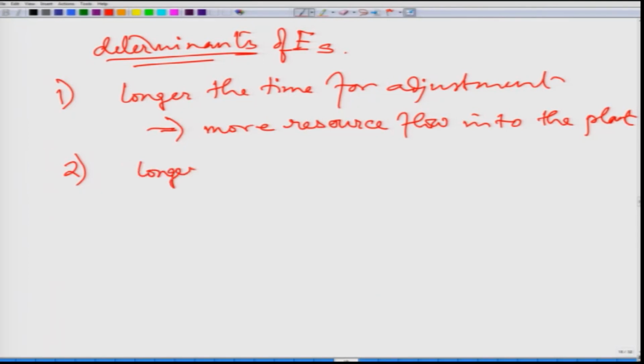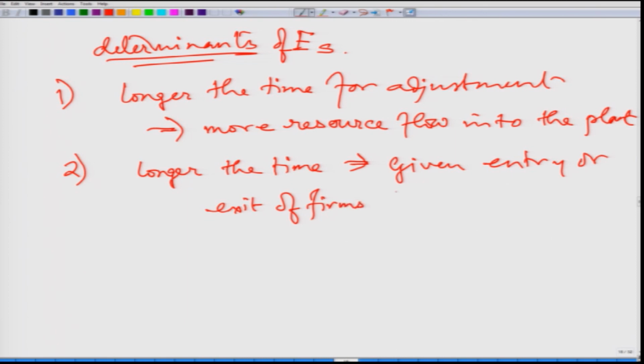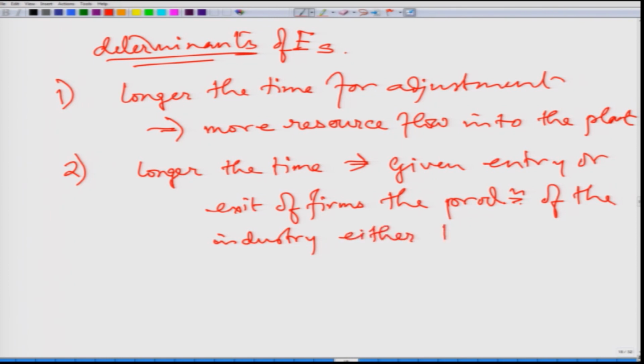Firms may enter, or they may exit, and thus production of the industry either increases or decreases respectively.